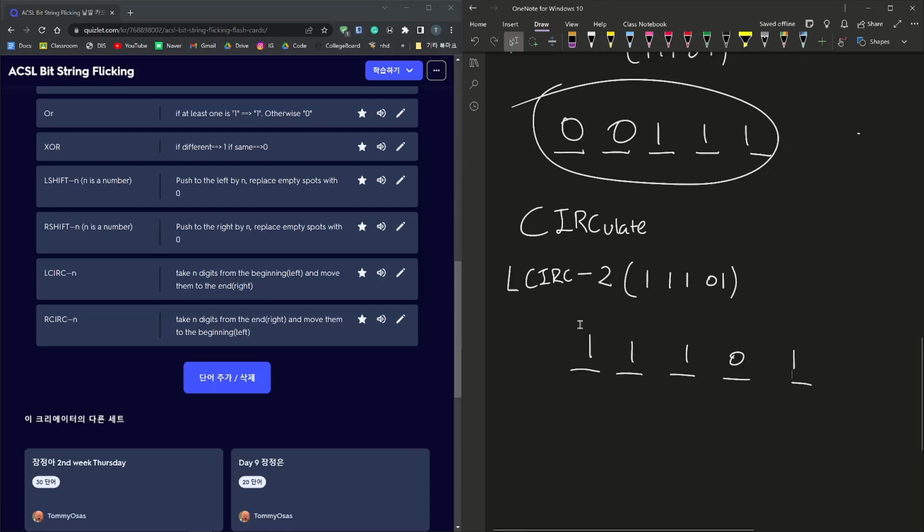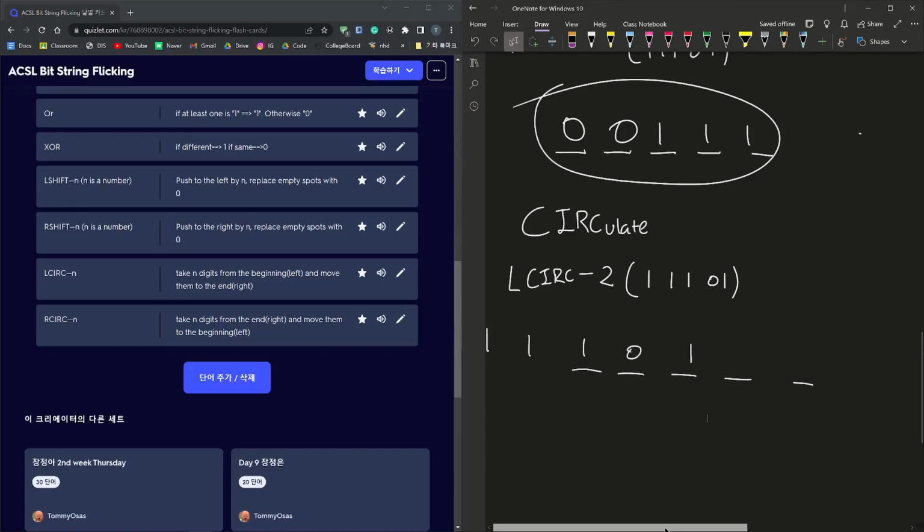Let's do the same thing as L shift 2. We have 1 and 2. This time we are not going to delete these two for being out of their seats. Instead, we're going to move these two to the end. So in L shift, these two are supposed to be 0. In L-circ, these two are replaced by the ones that are outside of their seats.